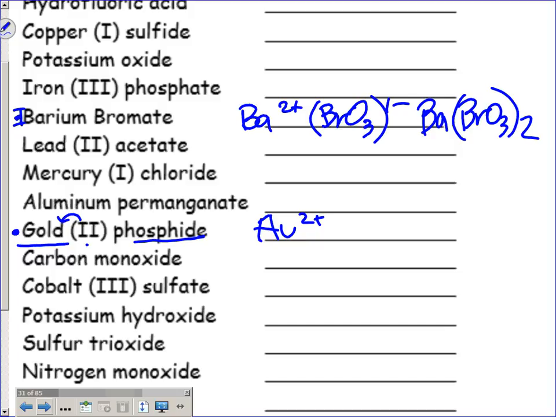So what's phosphide sound like? Phosphorus. You go find phosphorus. What is the charge of phosphorus based on its location? 3 minus in group 5, right? So Au 2+, P 3 minus, crisscross, what do you get? Au3, because that 3 crosses down, and the 2 crosses over, P2. Au3P2. Okay?